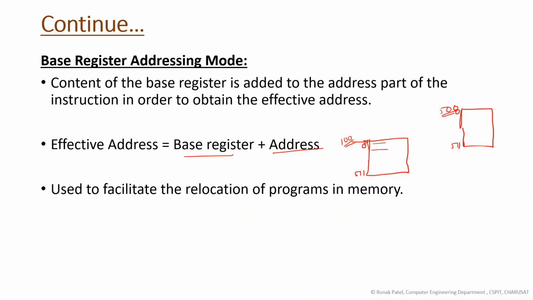And we have seen some other modes as well: implied mode, immediate mode, register mode, register indirect mode, auto increment, and auto decrement mode. So that is all about addressing modes. In the next video we'll see examples of it.